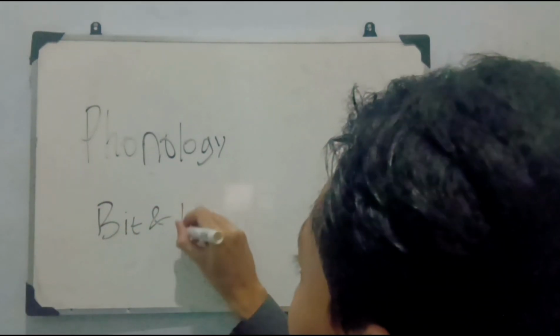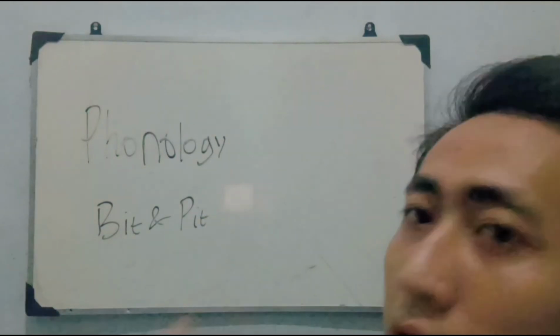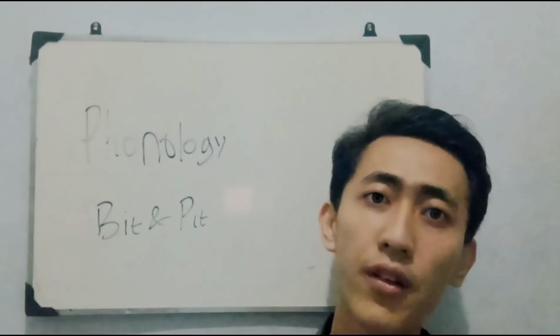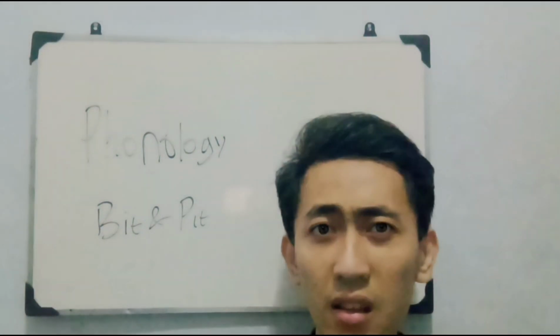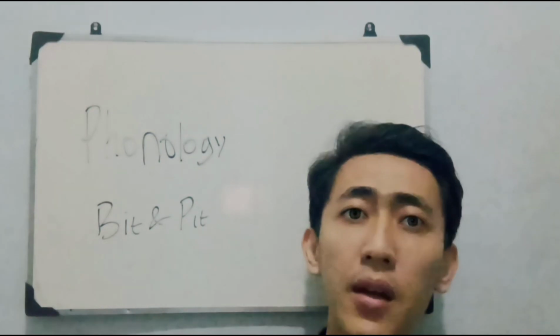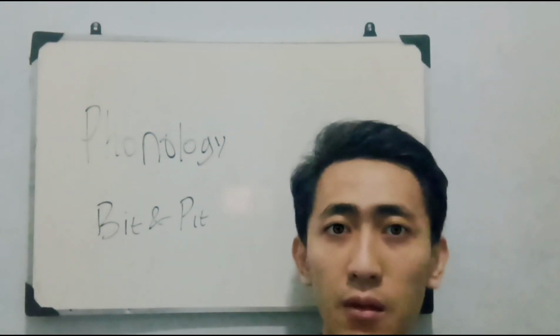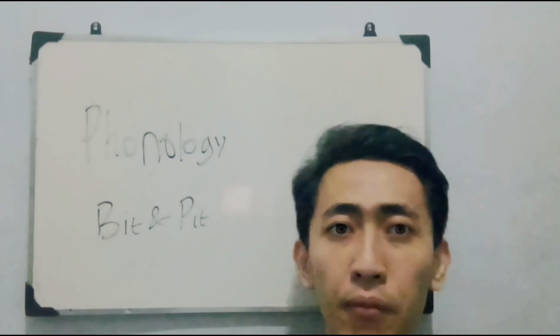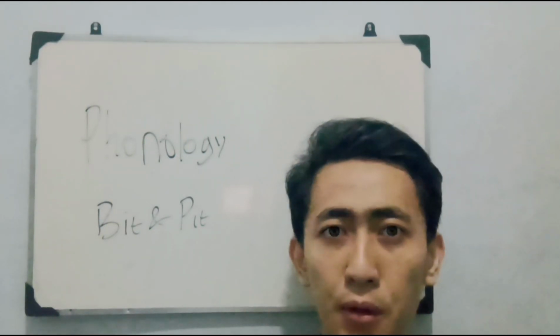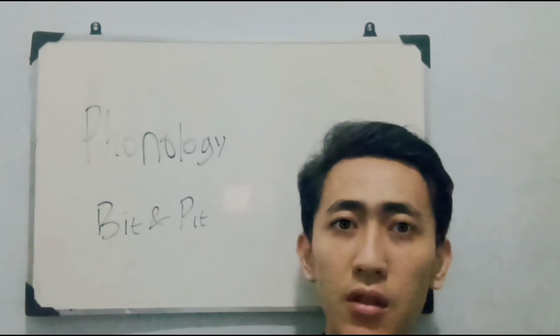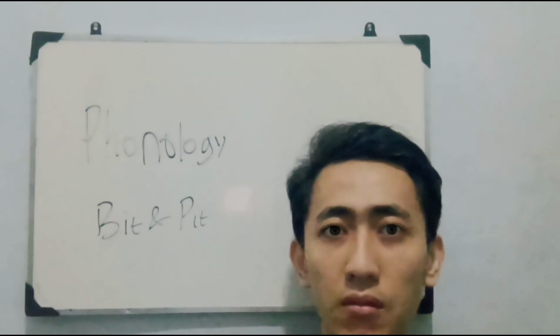For example, bit and pit. Do you hear the difference? The tiny change from b to p creates a completely different word and meaning. That's what phonemes do. One small sound can change everything.